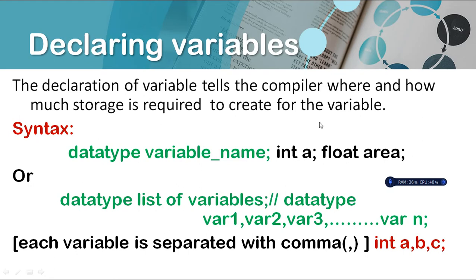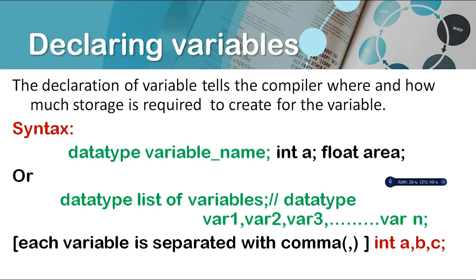Here are some examples of declaring a variable. Simply I can declare one variable of type integer, and here I am declaring one variable of type floating point. It is also possible in programming to declare more than one variable of the same data type. Suppose I want to declare three variables of type integer. I cannot give it like int a, int b, int c.